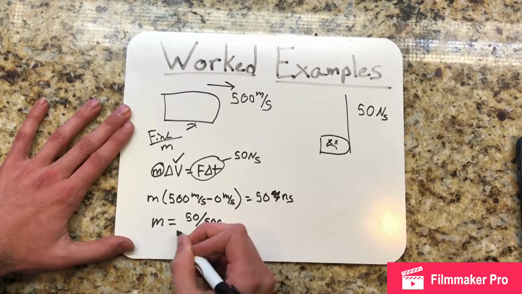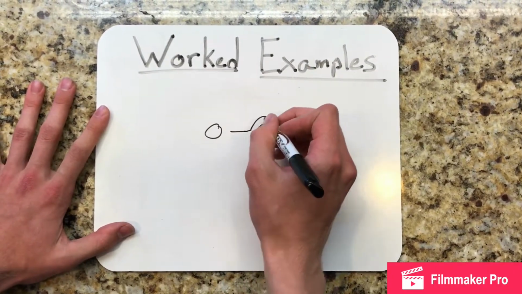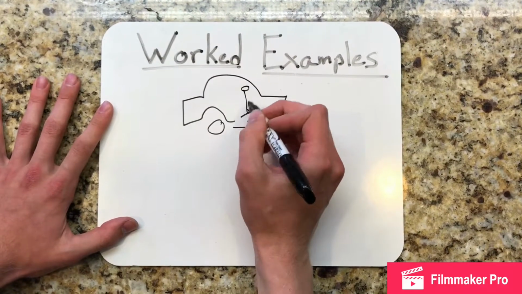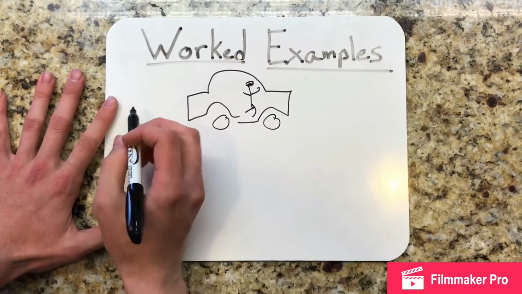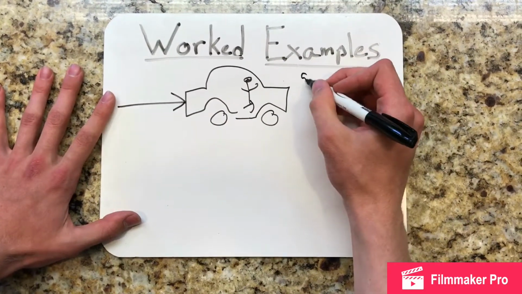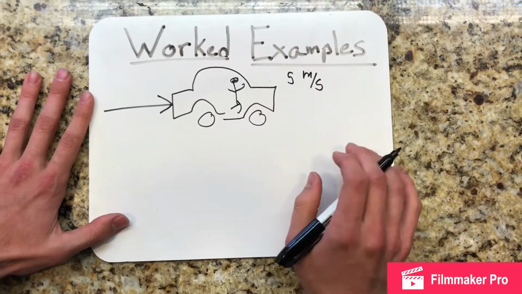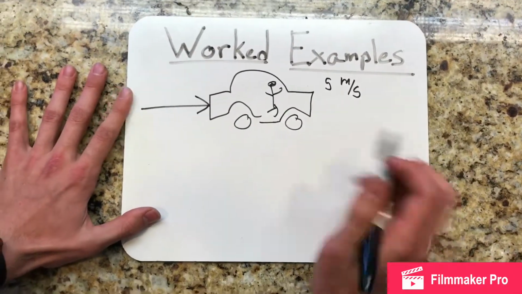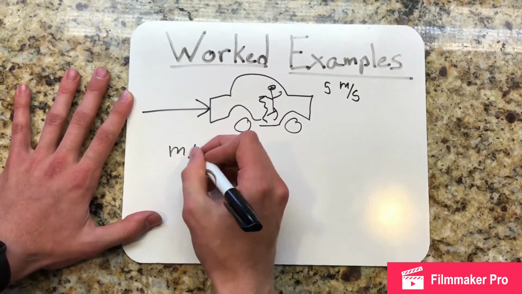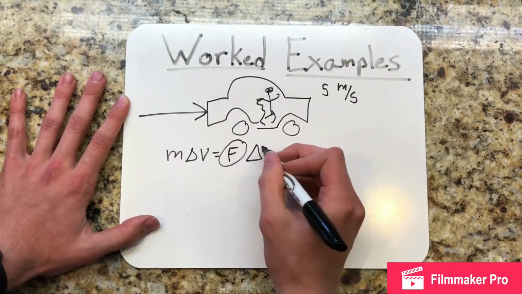0.1 kilograms. So for our next worked example, we have a man in a car sitting at a stoplight. He is initially at rest, and all of a sudden he has a force that pushes him, that accelerates the car to 5 meters per second. What we are trying to find is the force exerted on the man by the back seat of the car. To find that, we have our mass times the change in velocity equals our force, which is what we're trying to find, times the change in t.